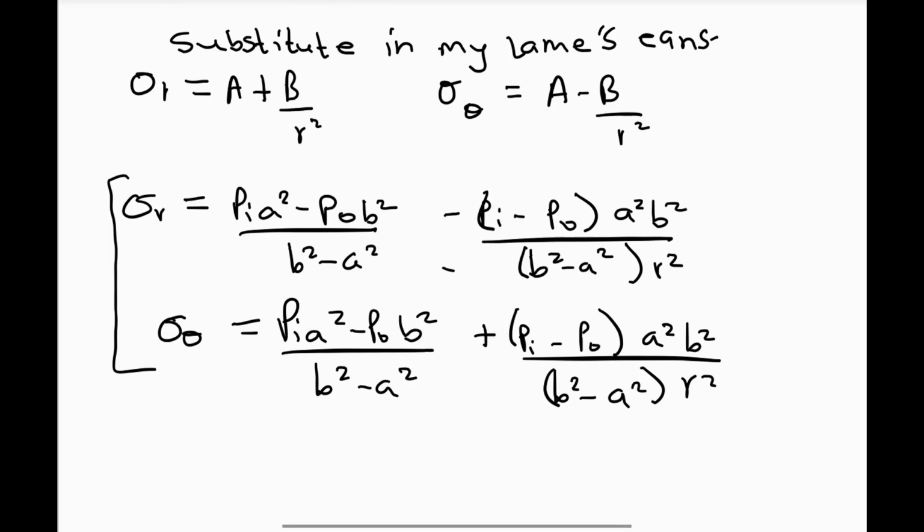So from this equation, my radial stress has a negative sign showing that it is compressive, whereas my tangential stress has a positive sign showing that it is tensile.